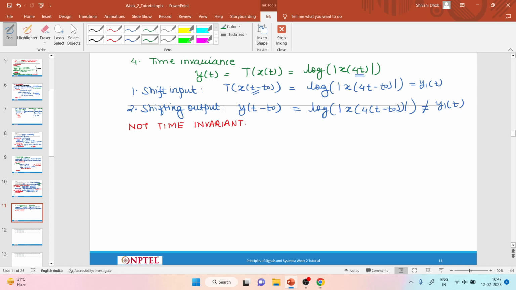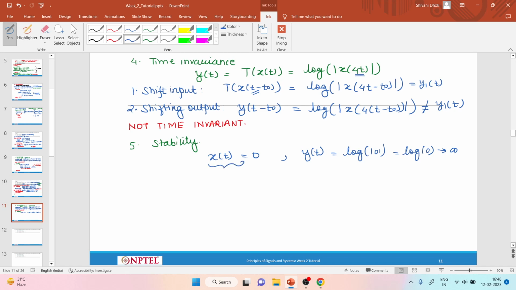Let us look at the fifth thing, and that is stability. For this, we want an output which is unbounded for a bounded input. So let us take a special case where my x of t is taking value 0. For that, my y of t will be equal to log of 0, which will tend to infinity.